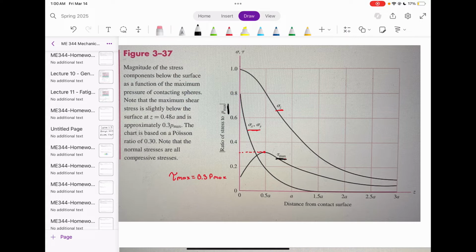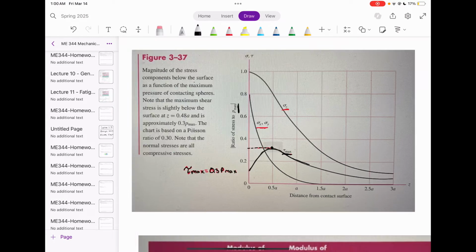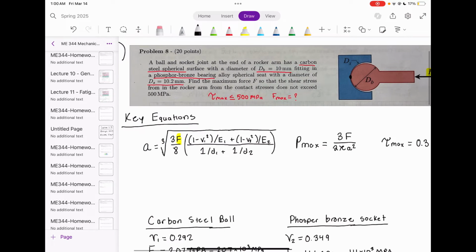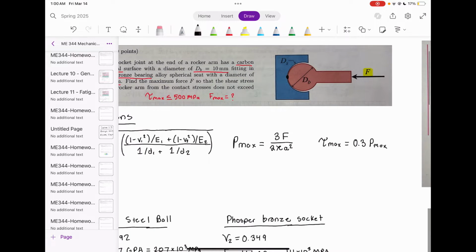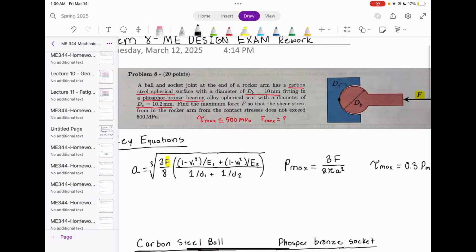If we come over to the chart, we can see this is the max shear line, and it correlates to the maximum pressure, with the max shear equal to 0.3 of the P max. Now that we understand the relation and found a way to correlate the two equations, we can solve for the maximum force needed to not exceed 500 megapascals.